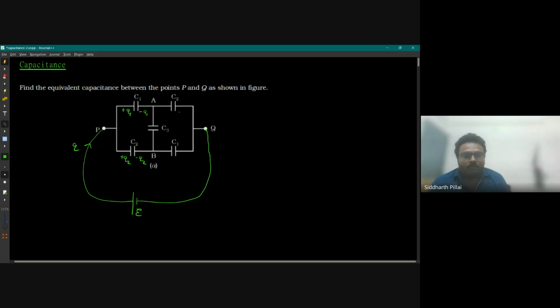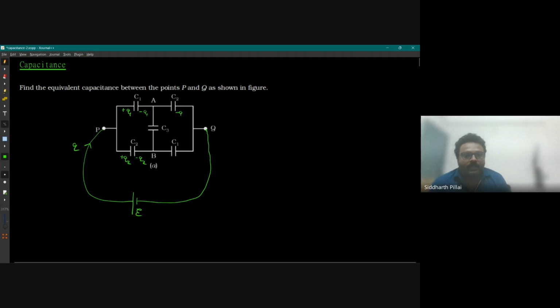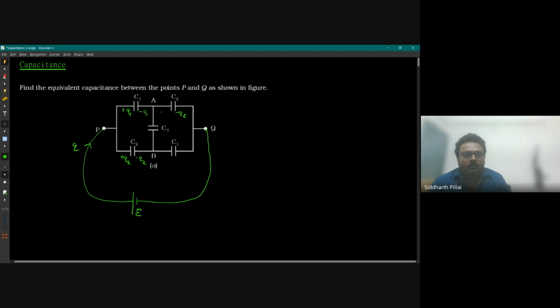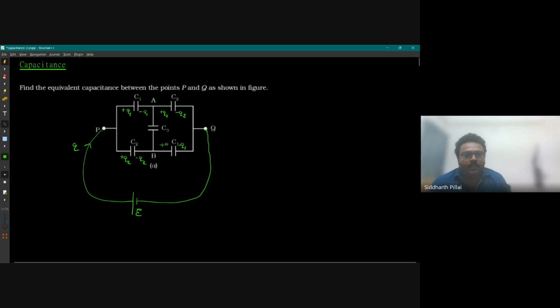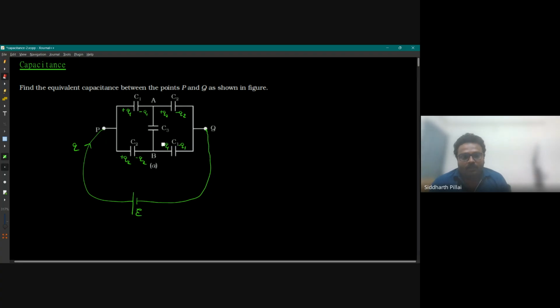So this will become minus Q2, plus Q2, minus Q1 and plus Q1. Directly I can write this down. I don't need to assume any other charge, just by looking at the setup. This is diagonal symmetry.